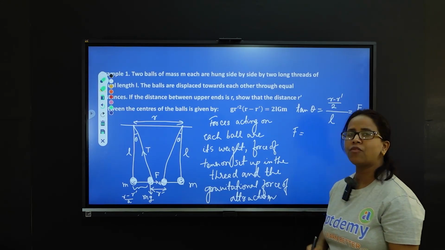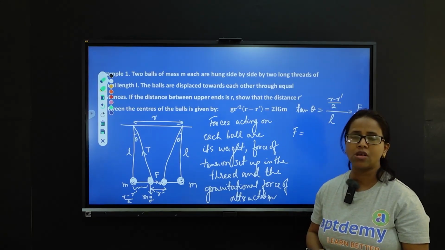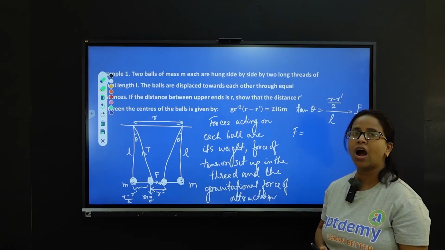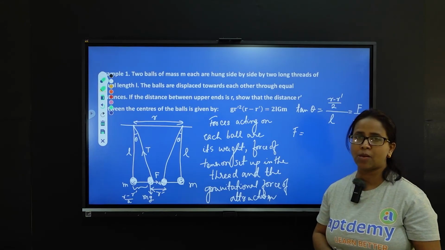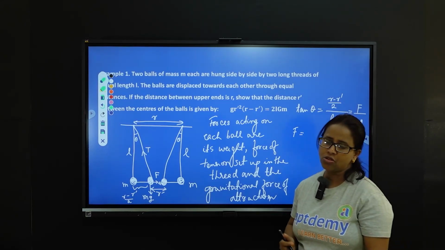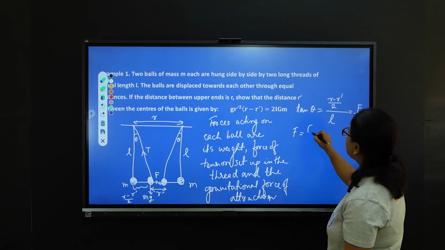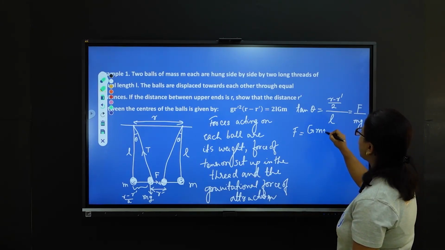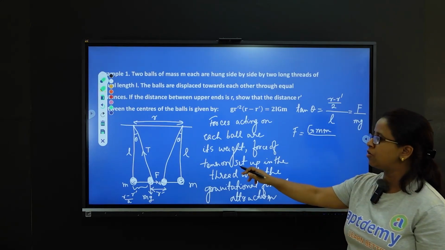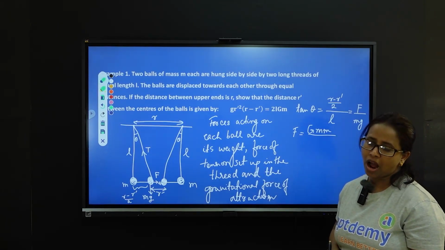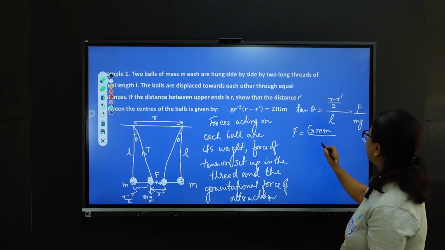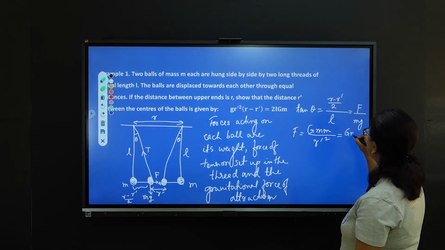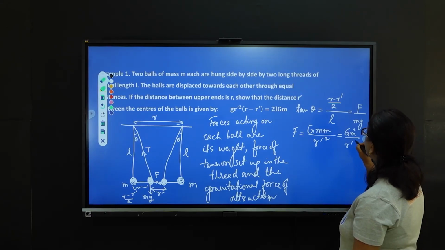As we know, the gravitational force as per Newton's law of gravitation is G m1 m2 by r squared, where r is the separation between the two bodies. The two balls have the same mass, so we have G m m by r squared. The distance between the balls is r dash, so we may write this as r dash squared. So we get the value of F as G m squared by r dash squared.